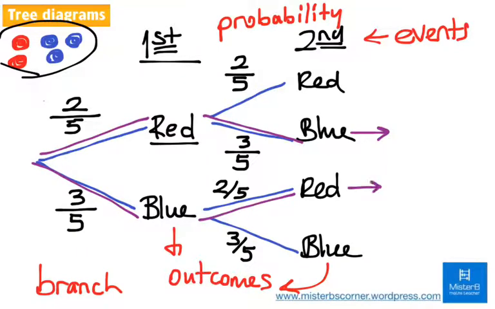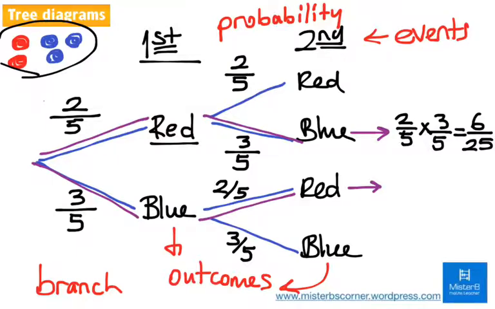So just because we don't know which order is asked, we have to consider both possibilities. So I'm going to write down, well, it's going to be red, so it's going to be 2/5, and blue, so it's multiplication, 3/5, which I found as 6/25 before.